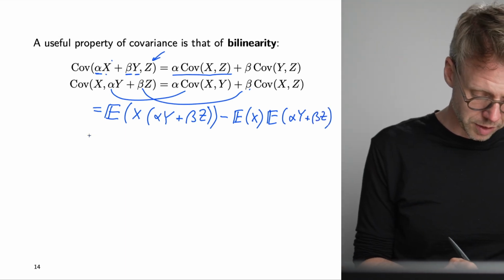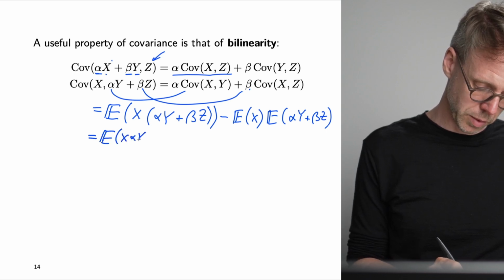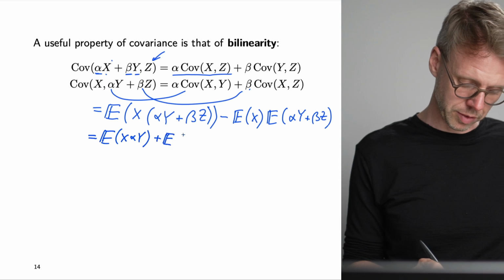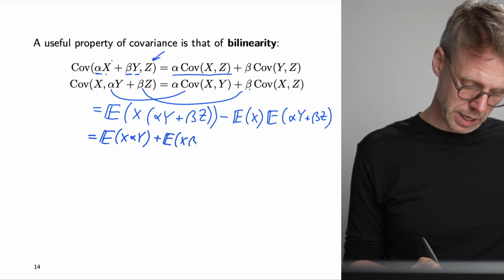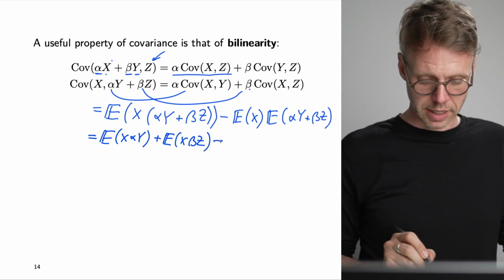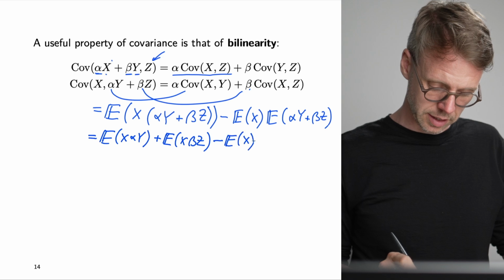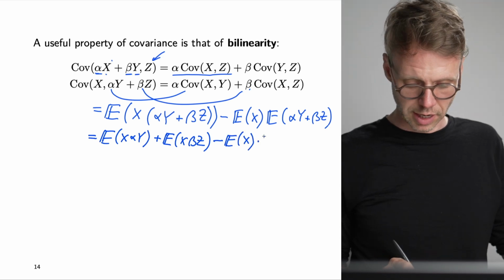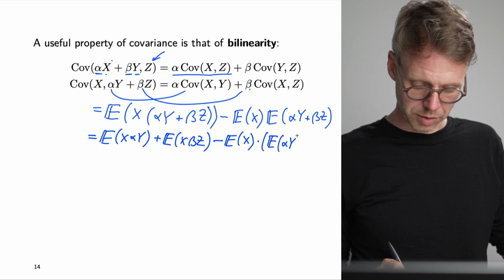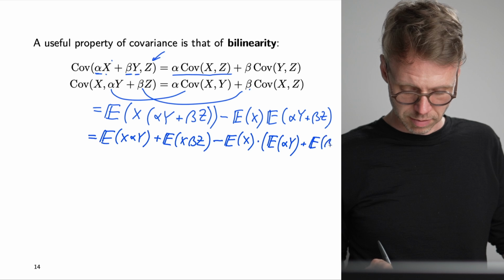Now this is equal to the expected value of x alpha y plus the expected value of x beta z, using the linearity of expectation here, minus the expected value of x times, and again using the linearity of expectation, we can write this as the sum of the expected values of alpha y plus expected value of beta z.